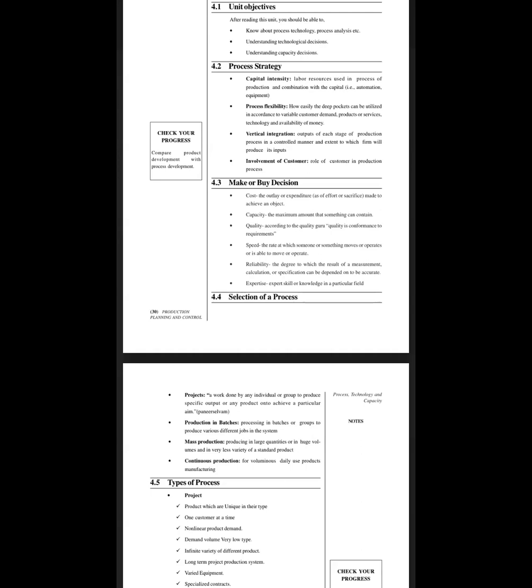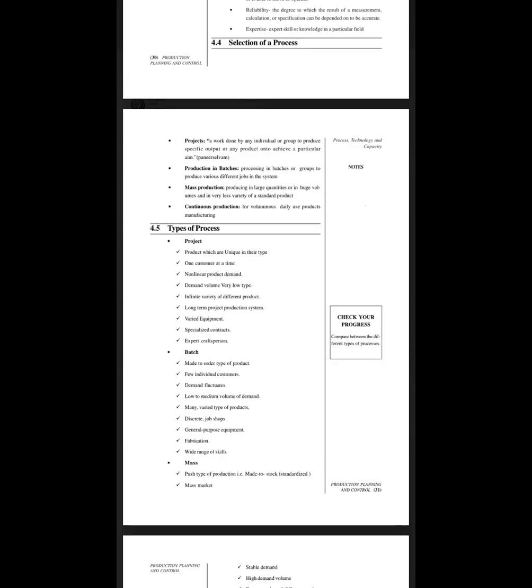Then types of process: project, batch, mass. Product which is unique for its type, one customer at a time, non-linear product, demand volume very low. Okay, these are the types of process. Then our second one is batch. Demand fluctuation, few customers, few individual customers, made-to-order type of product. Fabrication, wide range of skill.